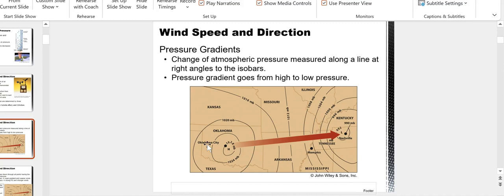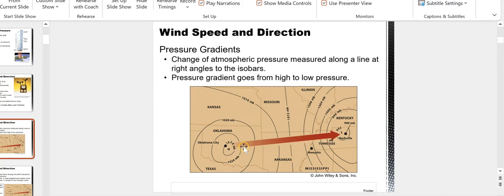It can be pushed down upon, moving toward the surface of the earth, which is what's represented in a high pressure center, or the opposite, a low pressure center, where the air is actually moving up into the Earth's atmosphere. We call that rising. Low pressure centers are considered rising air, so moving up away from the Earth's surface and into the atmosphere.